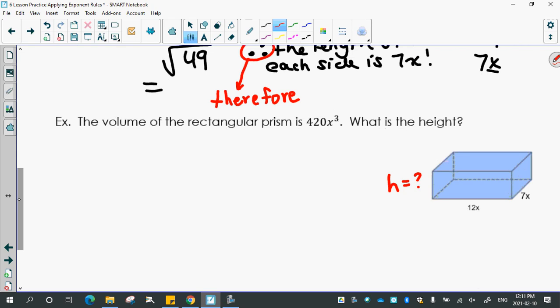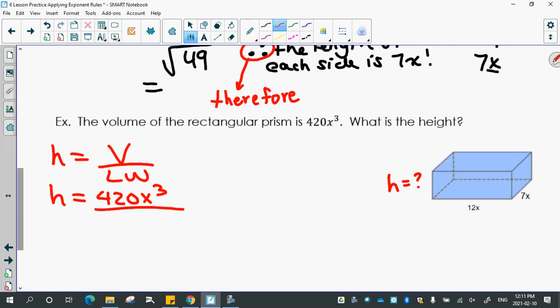Does anyone have any idea of how you go about this question? Okay, so the height equals volume divided by length. Very good. And then that would be 420x cubed, and then 84x squared. Can I show this step for people?